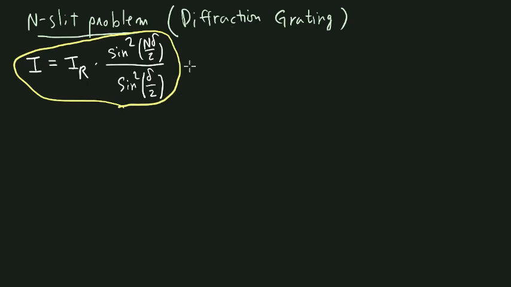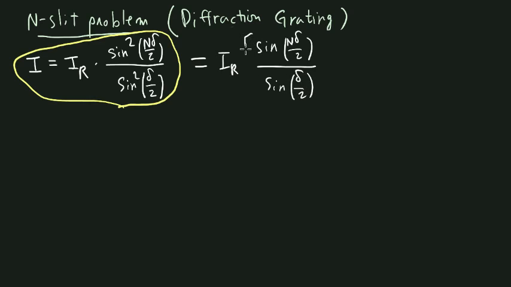Okay, so now we will actually explore this function a little bit more. And if you're good with plotting functions, you can actually explore this function yourself in various ways by using a computer plotter. Here we will examine this function analytically.